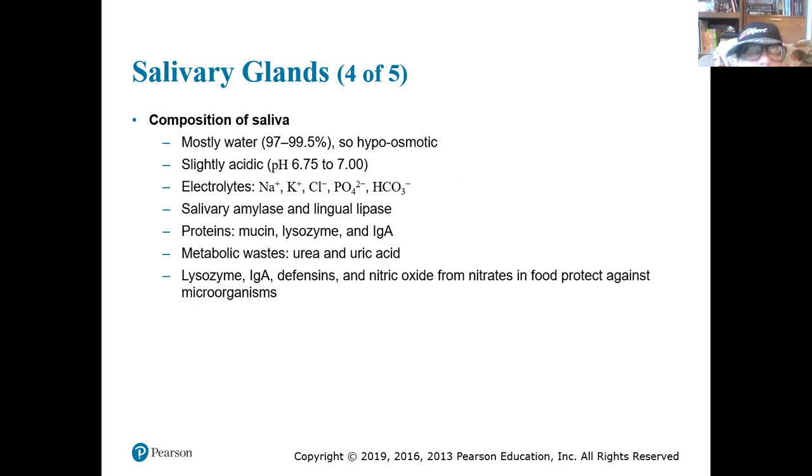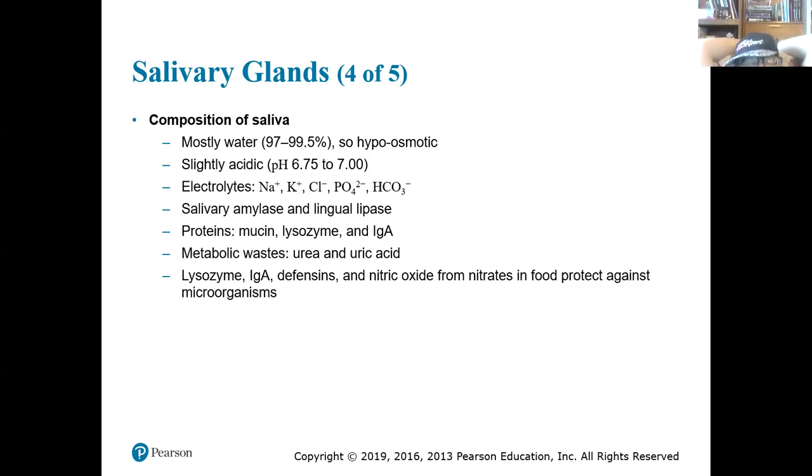So now let's talk about what saliva is. Somewhere between 97 and even higher than 99 percent water, so hypoosmotic, below osmotic. It is slightly acidic. Saliva is just barely acidic.